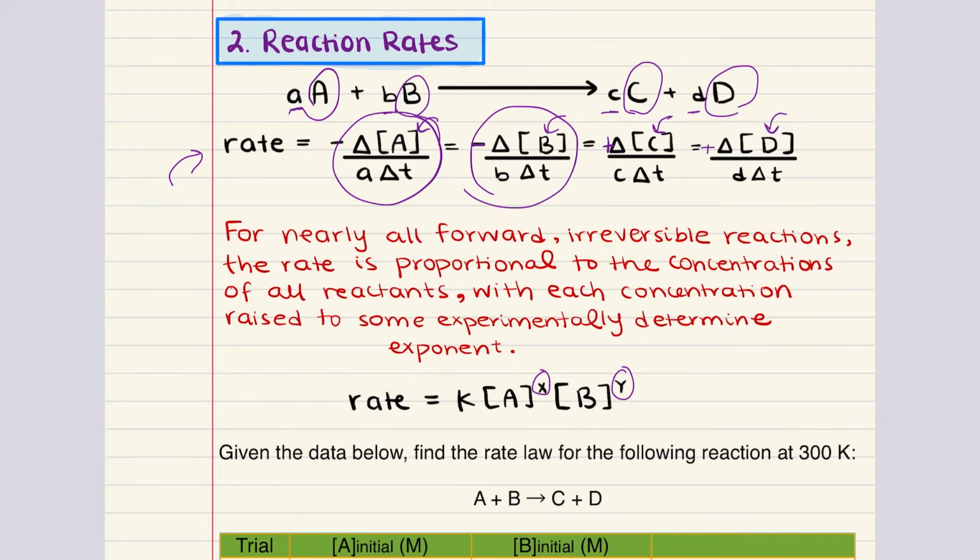Now that we've introduced these concepts, I do want to pause and clarify the difference between the two expressions that we have written as rate equals something. For this first one that we've written, this rate expression that demonstrates change in reactants and products over time, this is just a basic definition of the rate of reaction.